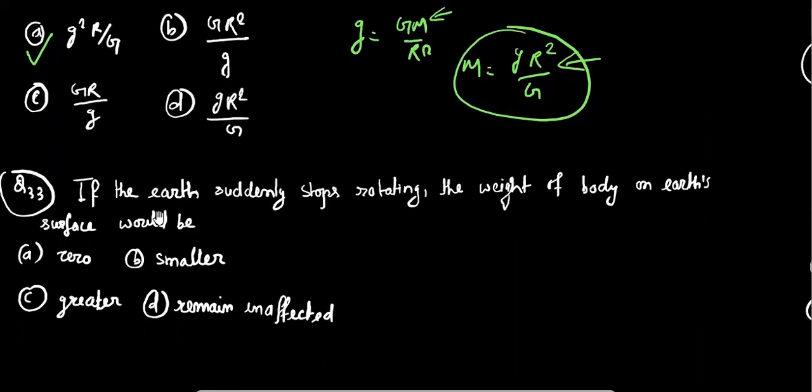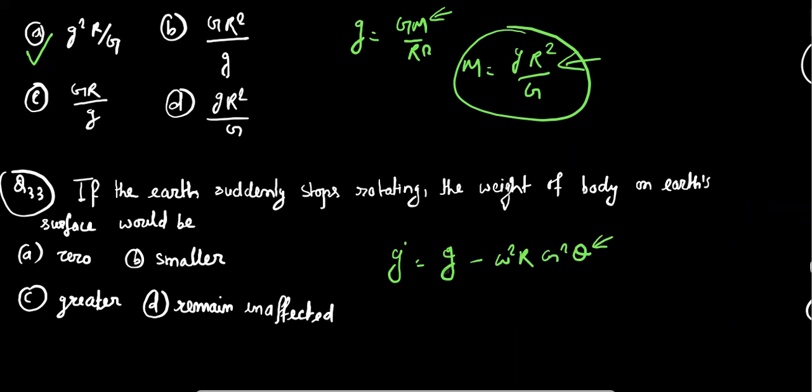Question number 33. If the Earth suddenly stops rotating, the weight of a body on Earth's surface would be. So as we know that acceleration due to gravity can be written as g minus omega square R cos square theta. This is the latitude effect.